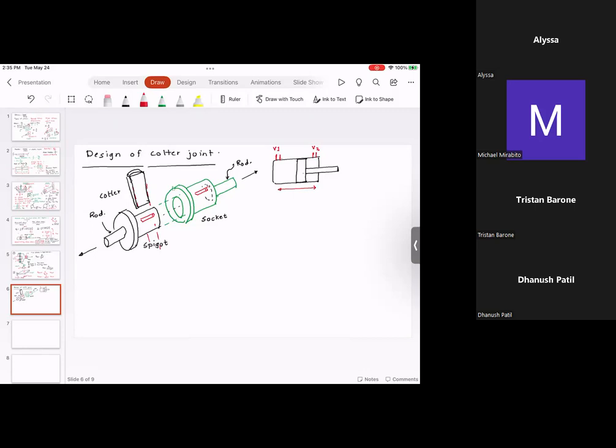And this is called the connecting rod, or also called the con rod. And this is attached to something called the crosshead, and to the crosshead there is a crankshaft.